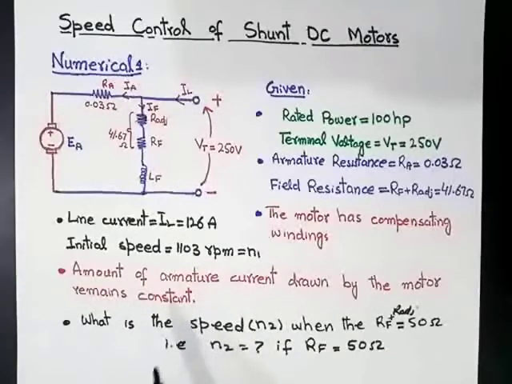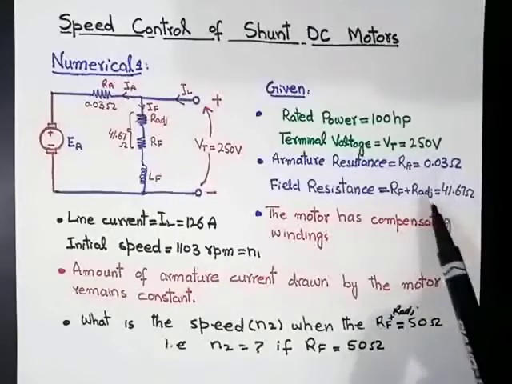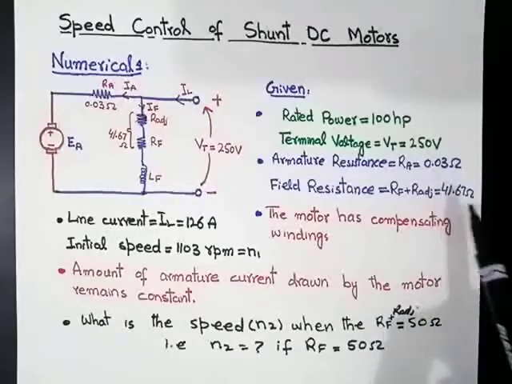Now, the question is asking what is the speed. We want to find the new speed, that is N2, when the field resistance is equal to 50 ohm. At the start, the field resistance is equal to 41.67 ohm.